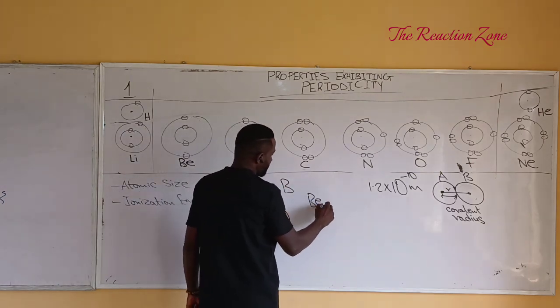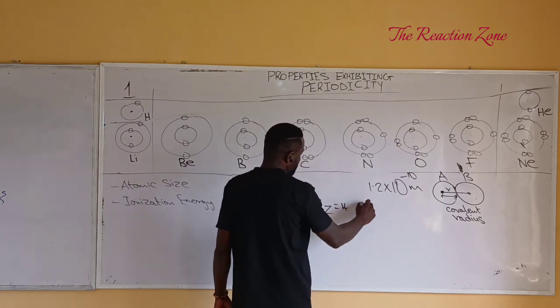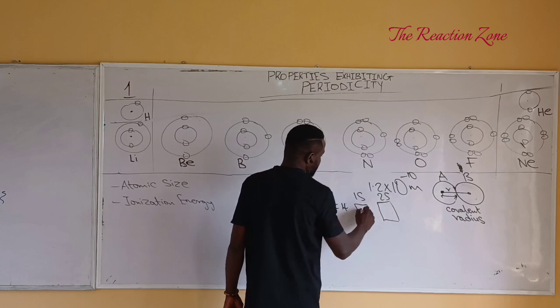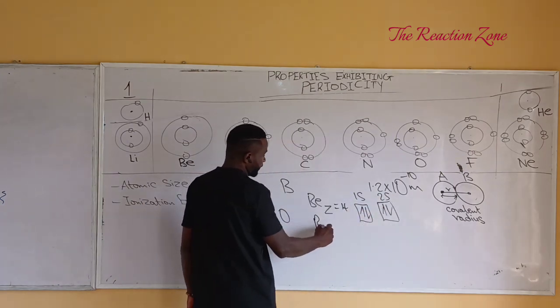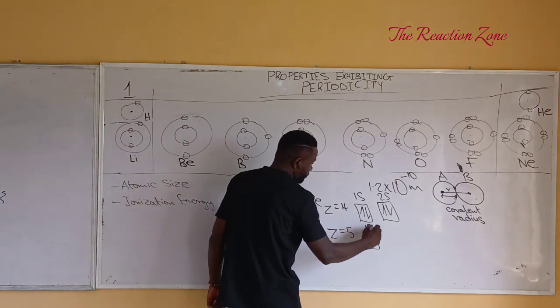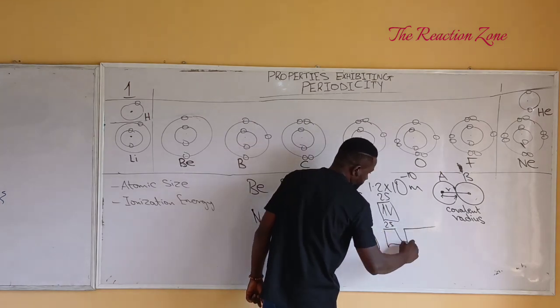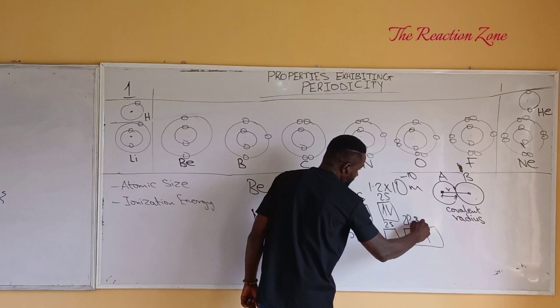Now, beryllium has an atomic number of 4. So the electrons will be in the 1s and the 2s orbitals. Boron, on the other hand, has an atomic number of 5. So the electrons will be in the 1s, the 2s, as well as the 2p orbital.